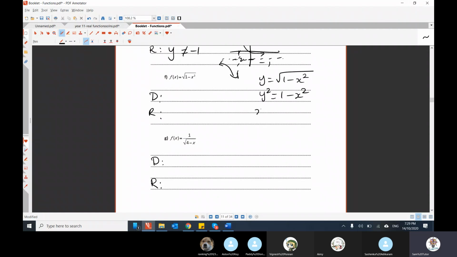Looks like you guys are afraid of the square root ones. What is that? Just a circle. So this guy is a semicircle.